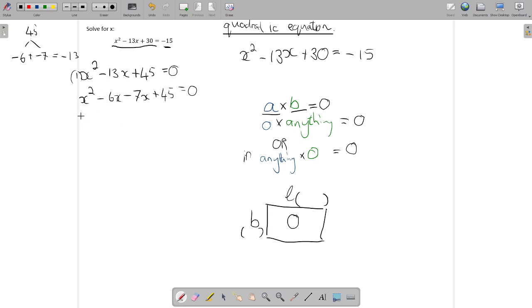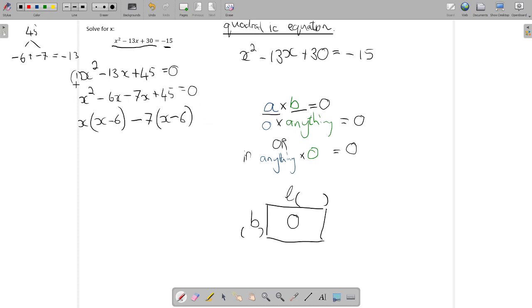On the left hand side I can take a common factor out of x, and I'm left with x minus 6. On the right hand side I can take a factor out of minus 7, and then x. Now this sign has to change if I multiply this out. I have to get minus 7x plus 45, so minus 7 times x is minus 7x, and minus 7 times minus 6 is plus 45. So if I multiply this out, I'll get back here.